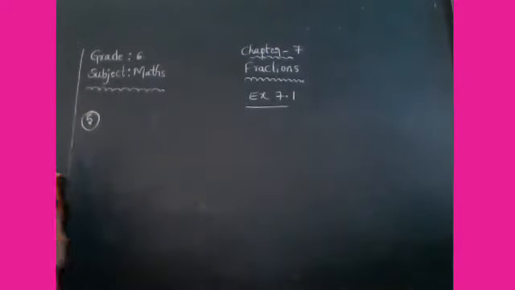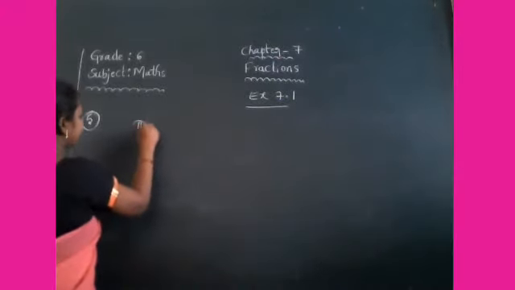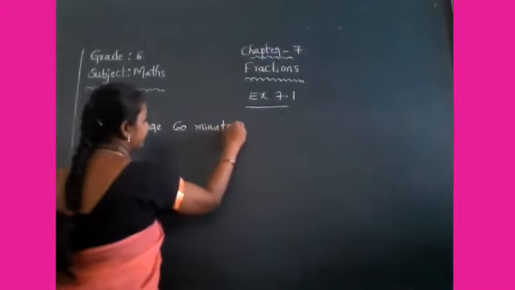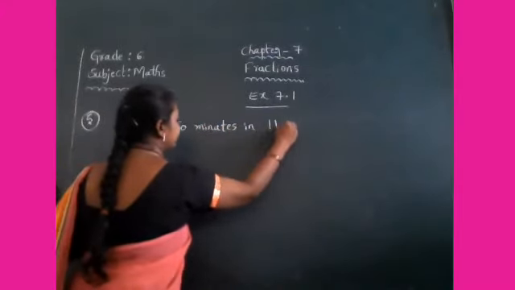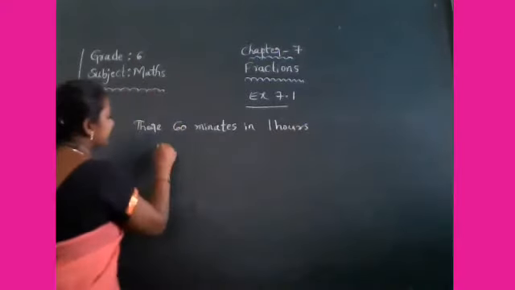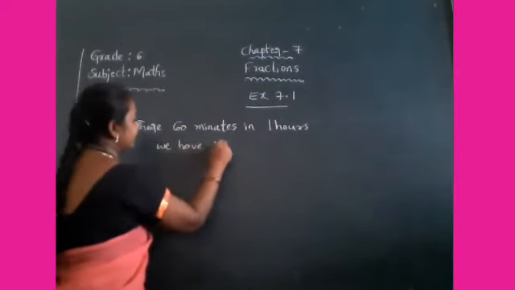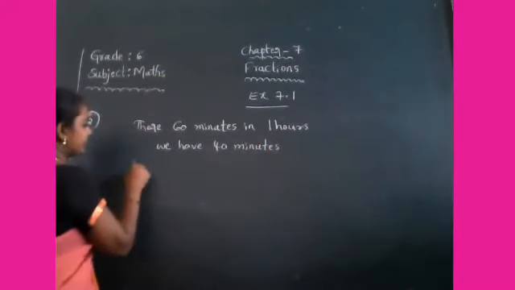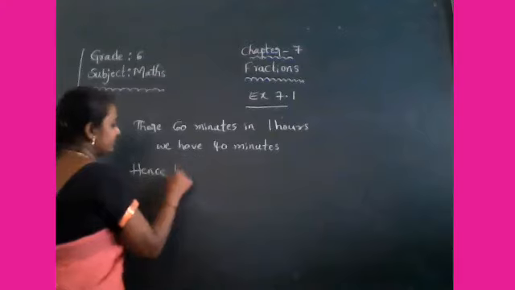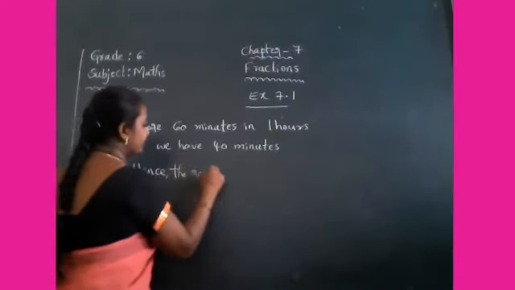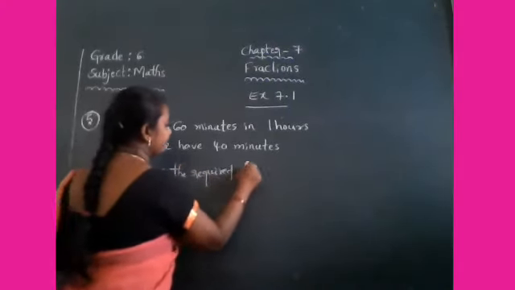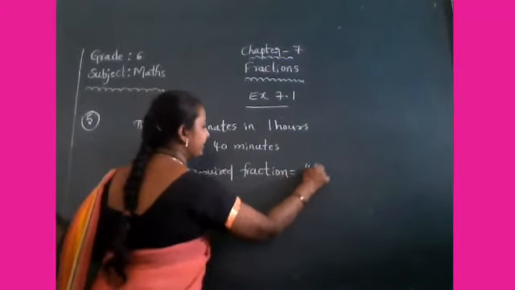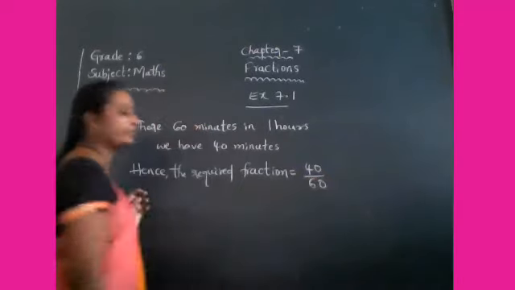Now, there are 60 minutes in 1 hour. Here we have 40 minutes. Hence the required fraction is 40 minutes by 60 minutes.